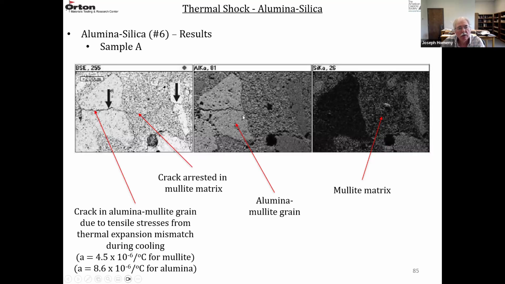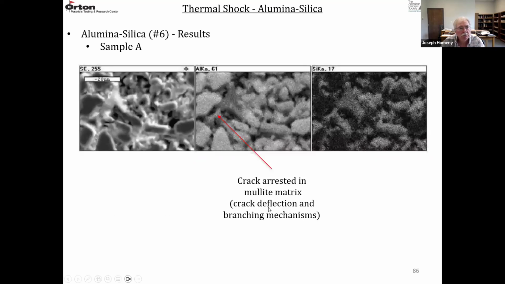The EDS analysis: this is for alumina, this is for silica. You can see the higher alumina content in the alumina-rich coarse grain, and then the higher silica content in the matrix where you have the mullite present. Still sample A, this is now a 20 micron bar, so it's much higher magnification.